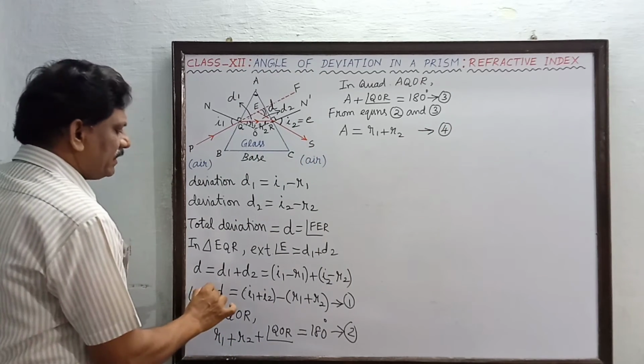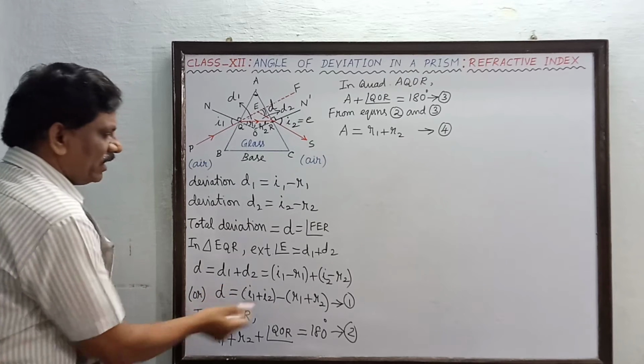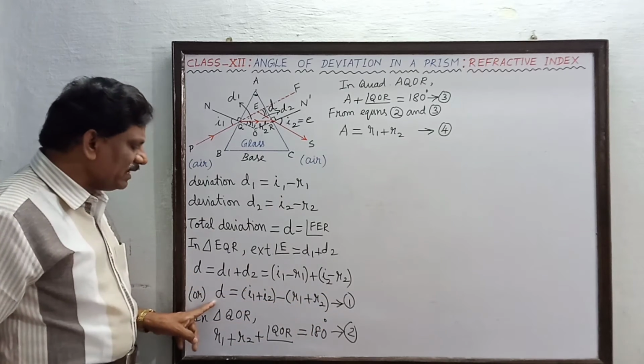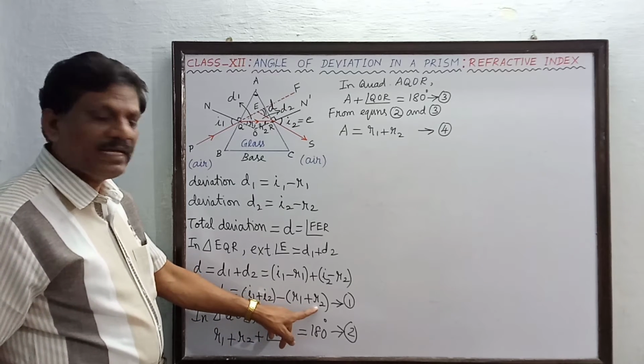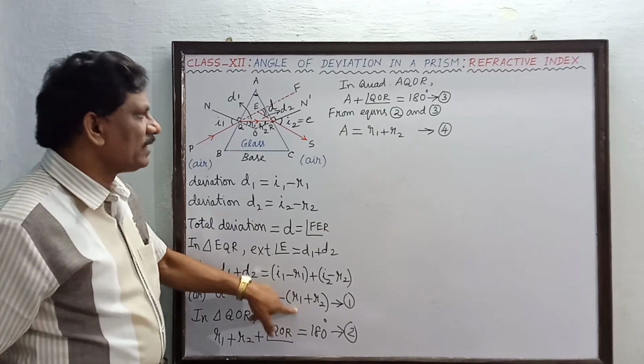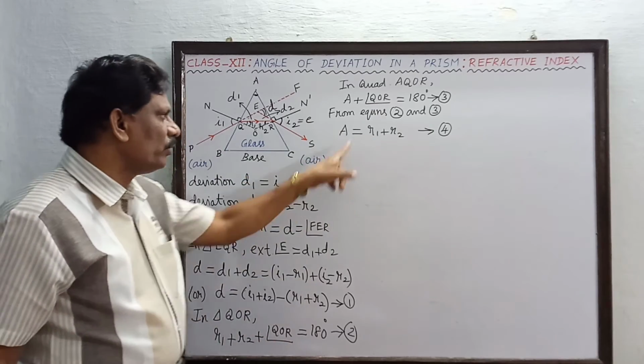So you can see here in equation 1, deviation D is equal to I1 plus I2 minus (R1 plus R2). In place of R1 plus R2, what shall we substitute now? You tell me.